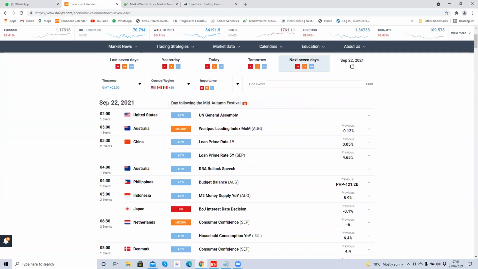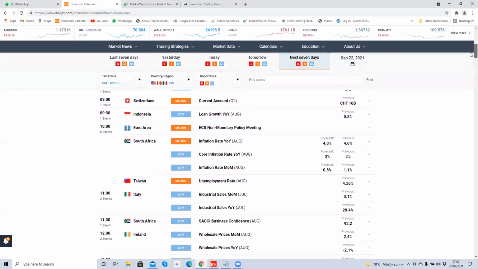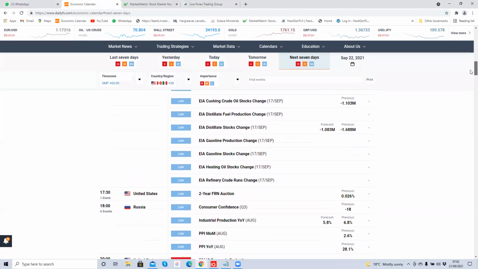So you can see tomorrow, the 22nd of September. Tomorrow is Wednesday, the 22nd. We can see that we have the Bank of Japan interest rate decision, so that will have a huge impact on currencies paired with the yen. So that's tomorrow, Wednesday.